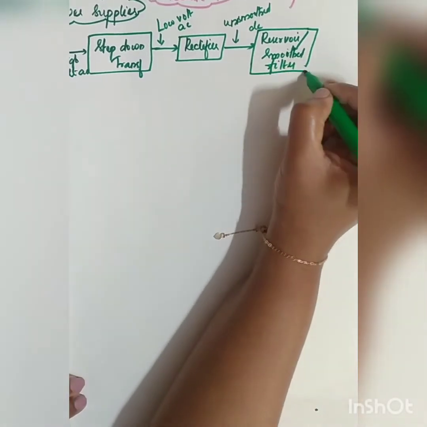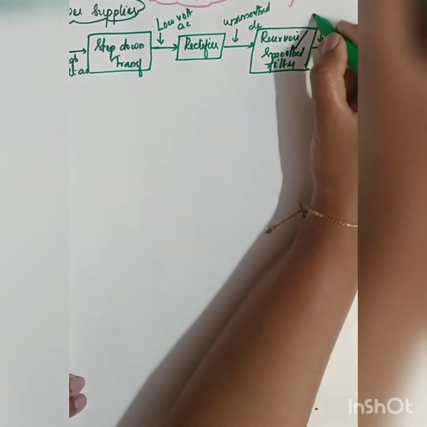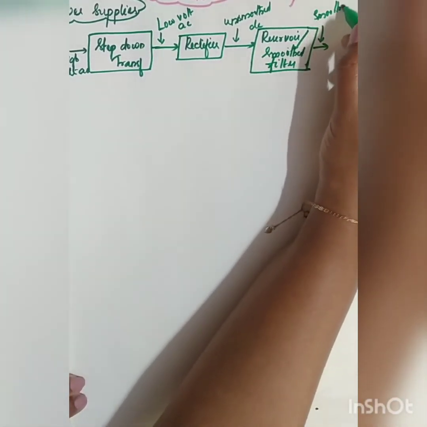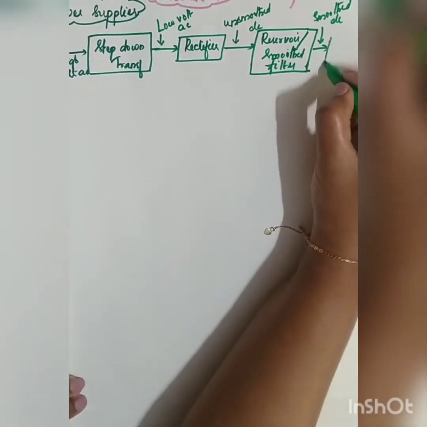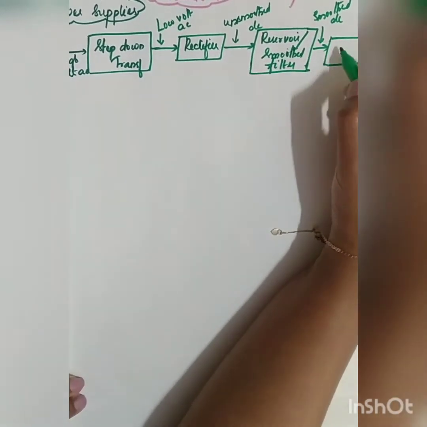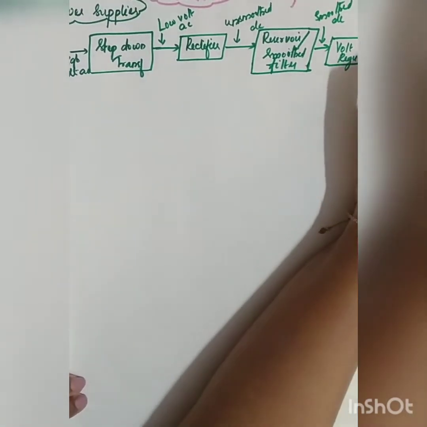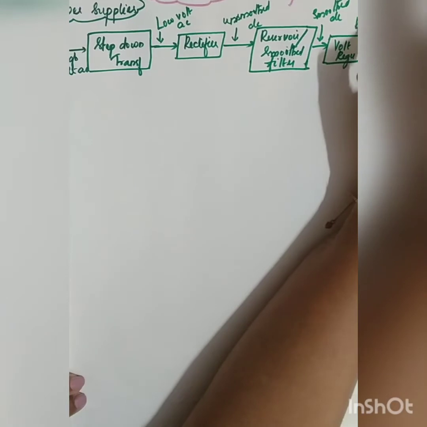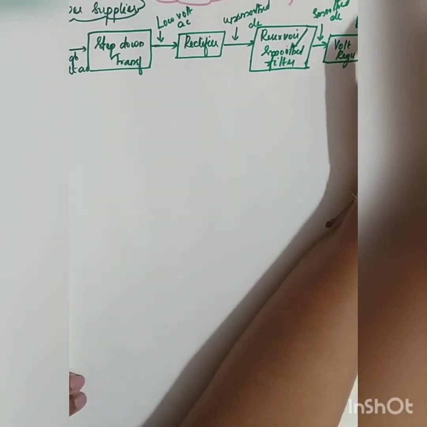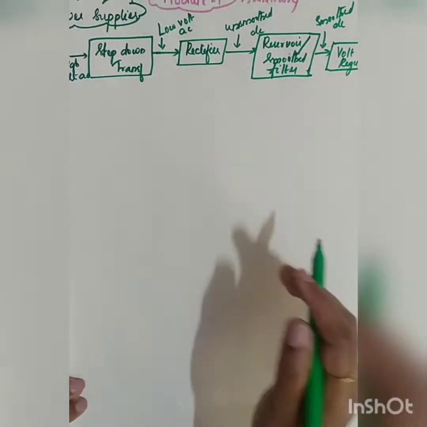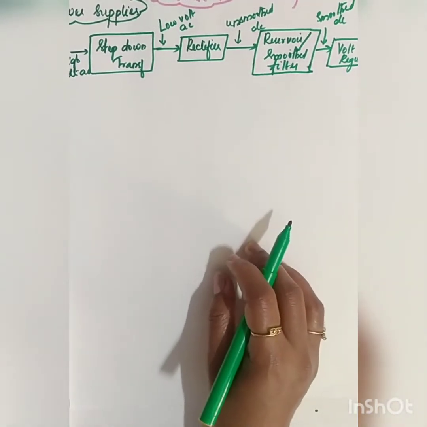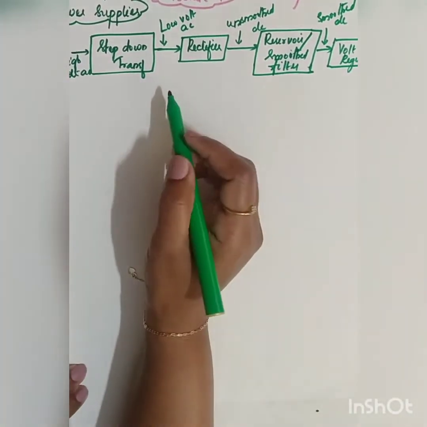The output of the smooth filter was smooth DC, which was given to the last block, that was your voltage regulator. The output of the voltage regulator was regulated DC output. So this was your major block diagram of your power supply.